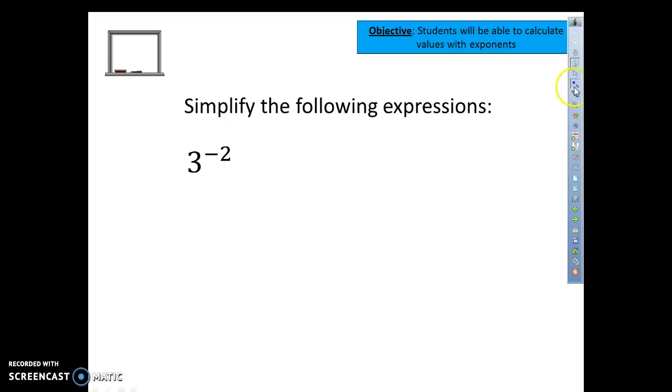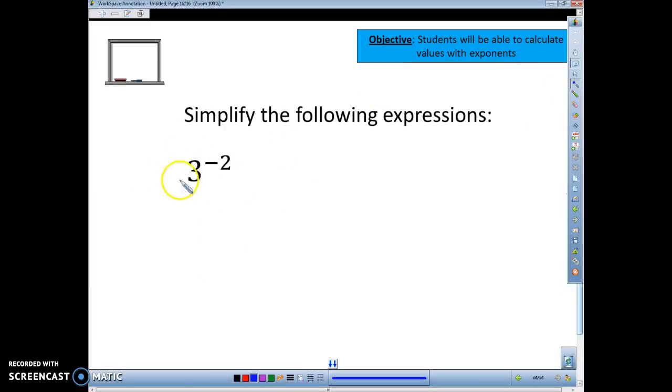So let's look at some examples. Here I have 3 to the power of negative 2, and this is going to be 3 to the power of 2, so I change the exponent to a positive, and it goes into the denominator. So now I have 1 over 3 to the power of 2.